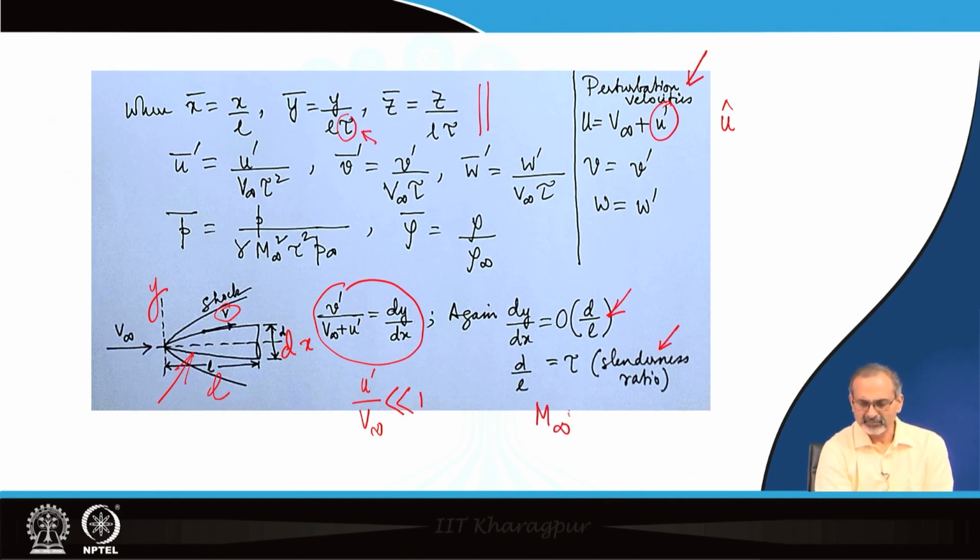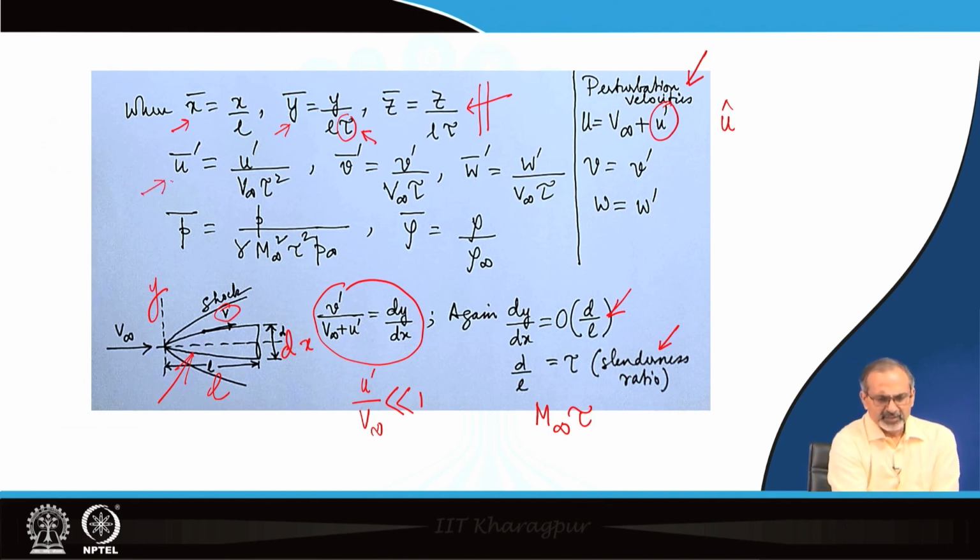M infinity multiplied with this tau is a very significant parameter in hypersonic flow analysis, which is called the hypersonic similarity parameter. Remember that the x length scale is far larger than the y and z, which is evident from these equations, because if x bar, y bar, z bar are order 1 terms, then obviously x is much larger than y and z.